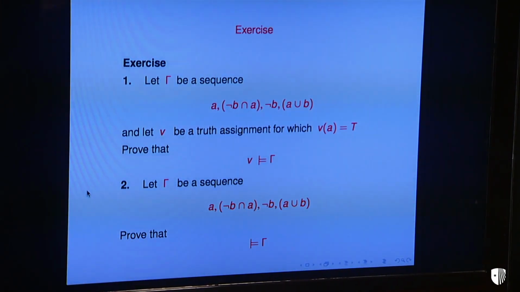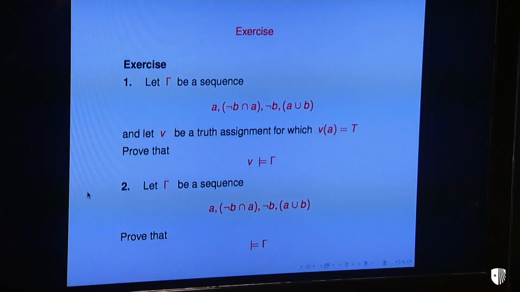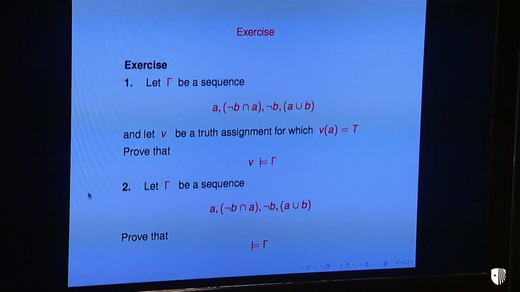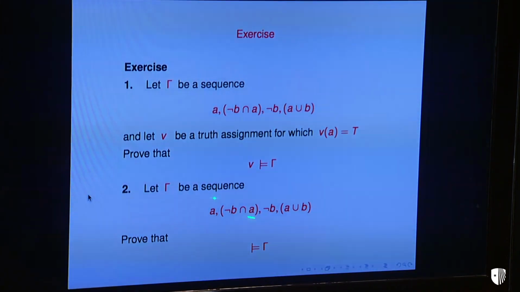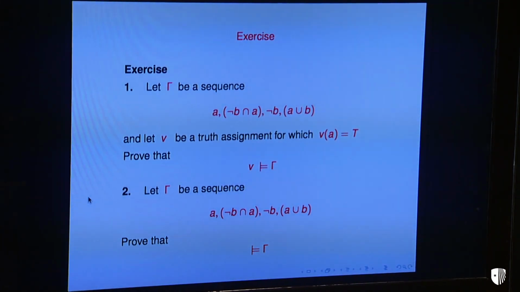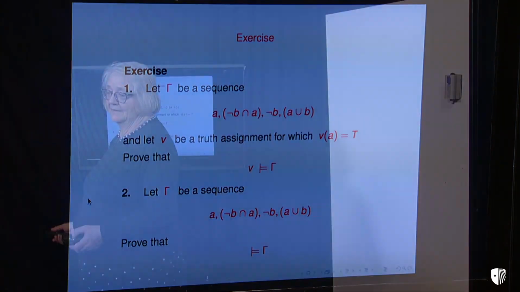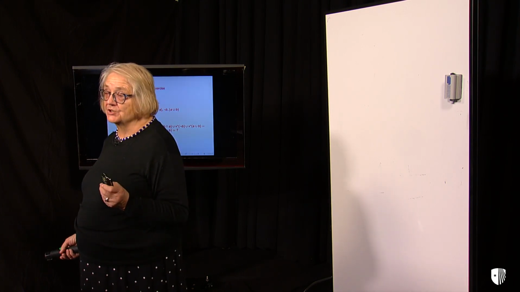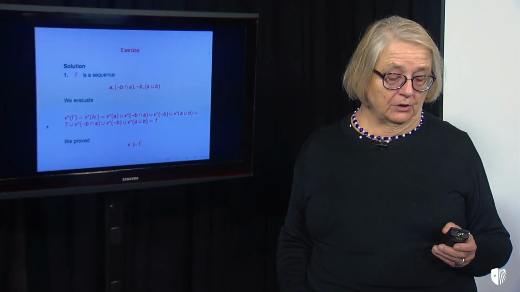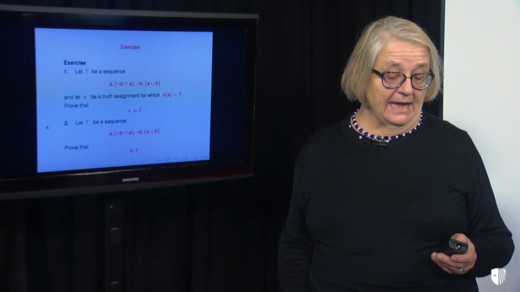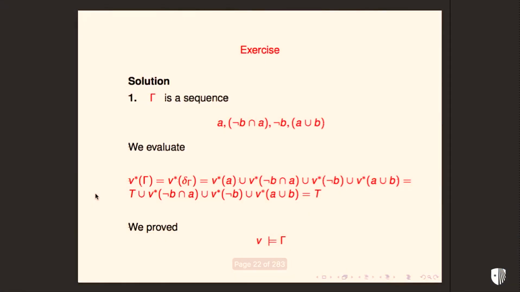So we have an exercise: given a gamma and a truth assignment, prove that v satisfies gamma, so you just evaluate the same way as we did a minute ago. Of course, I'm just showing you that in my lectures and in the book there are a lot of exercises like that, which are immediately followed by the solutions.